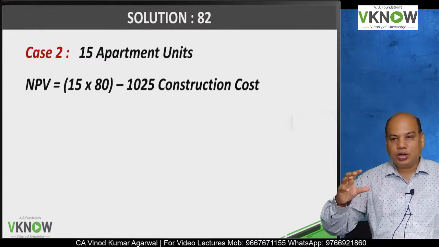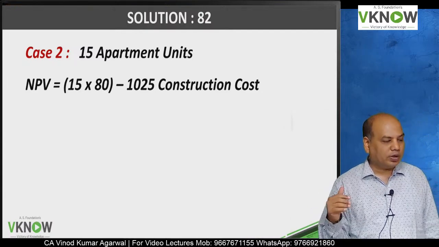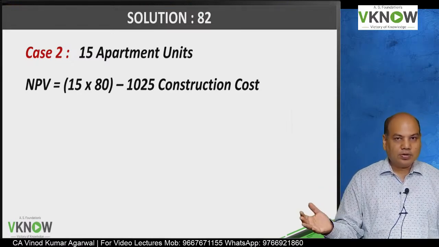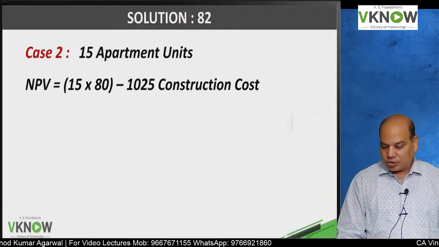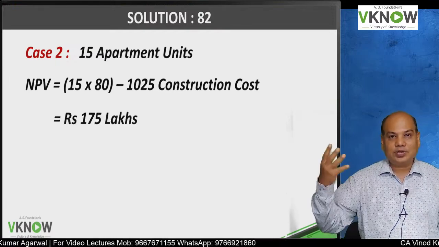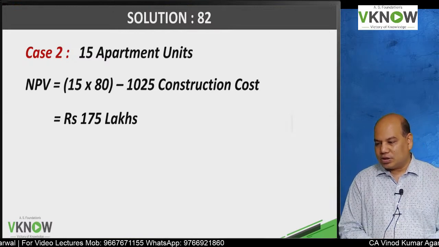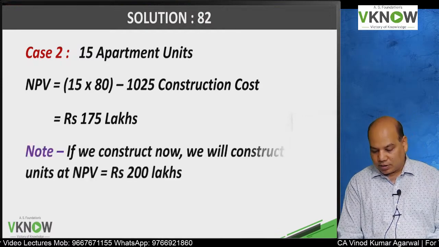They have given you, if you construct 15 apartments, then the cost will be 1025. You will say, sir, it is not matching, 600, it should be 900. Don't bother, what they have given is right, because construction cost may increase if the number of floors go up. It doesn't change in the same proportion. So this time the answer is 175 lakh.